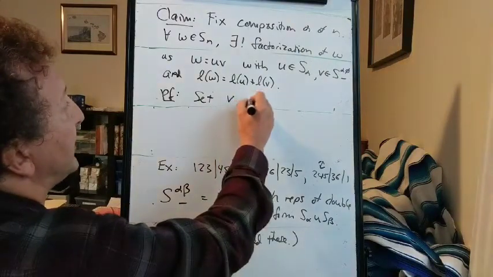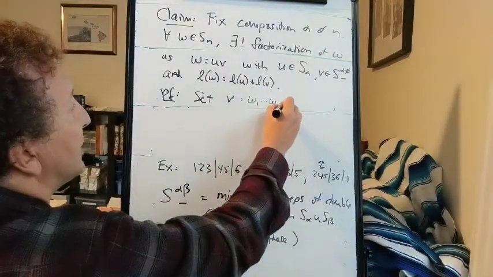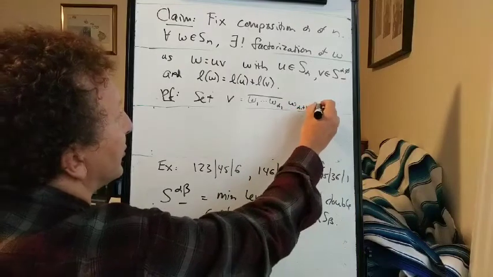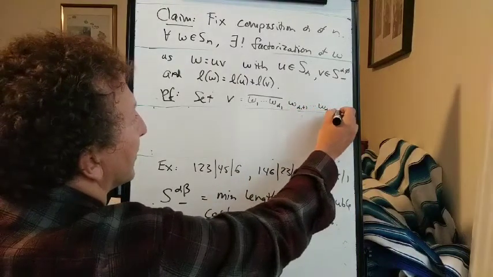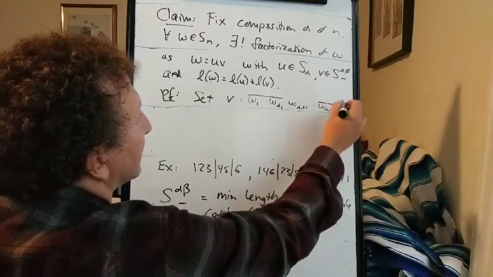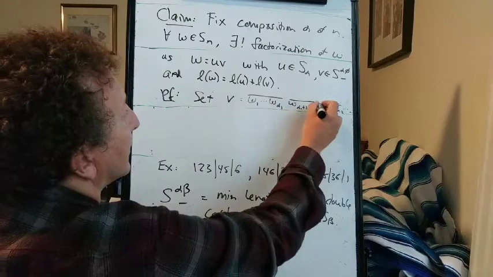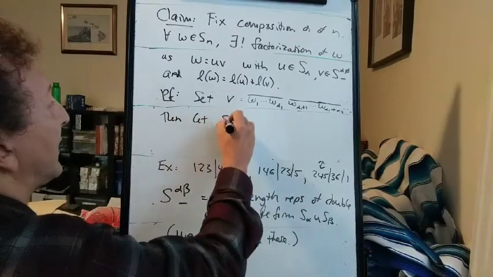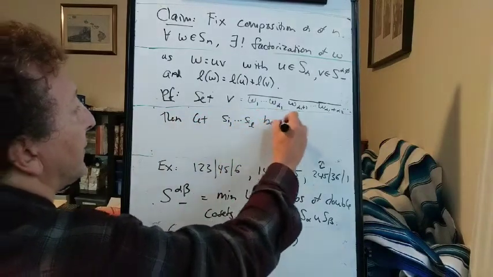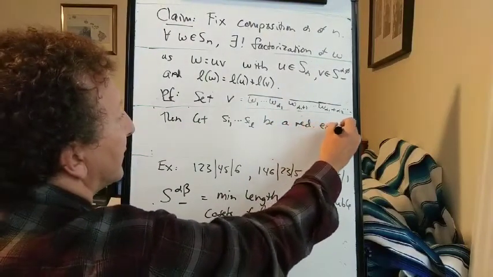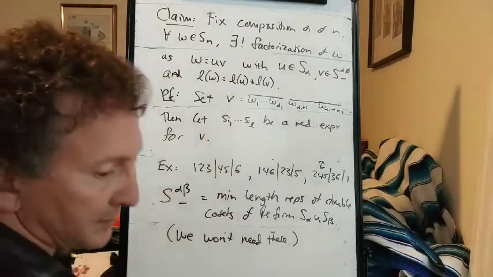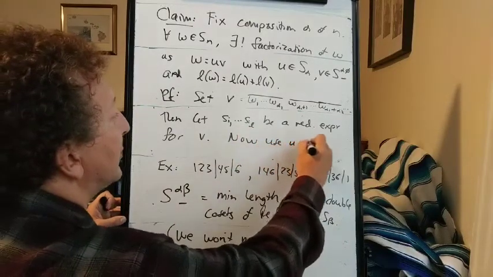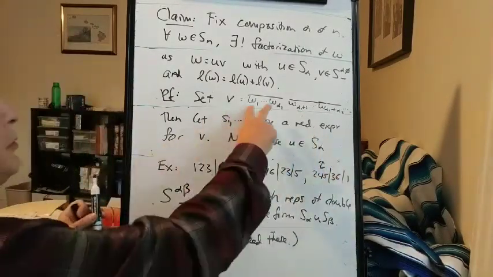So let V be the increasing arrangement of W1 through W alpha 1, W alpha 1 plus 1 through W alpha 1 plus alpha 2, etc. Then we'll let S_i1 through S_il be a reduced expression for V. Now we'll use U in S alpha to permute these letters in each of the blocks.